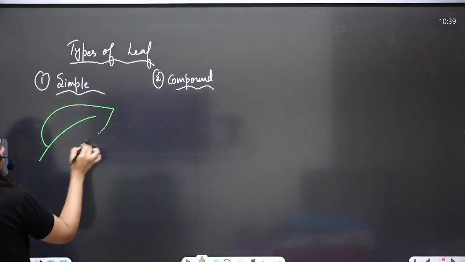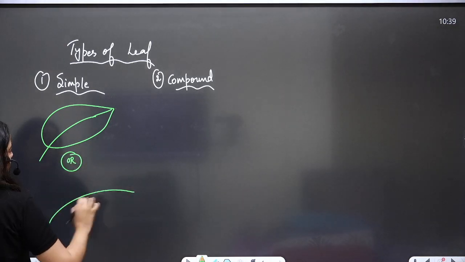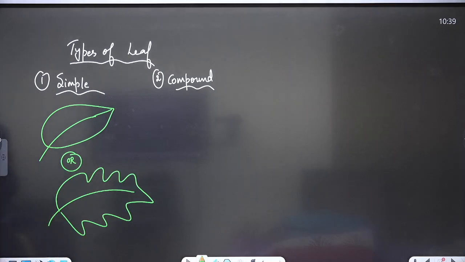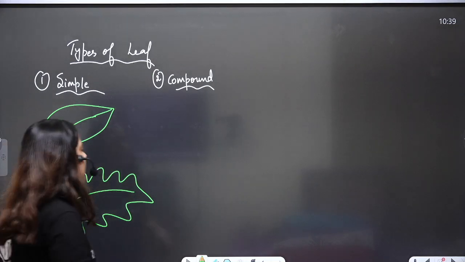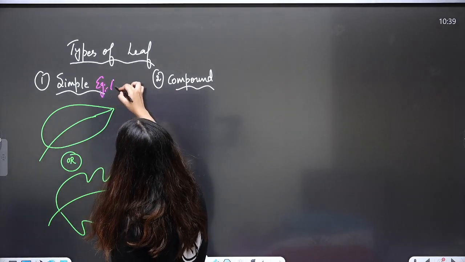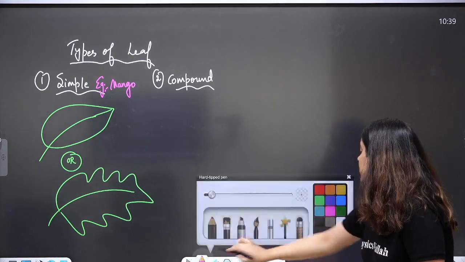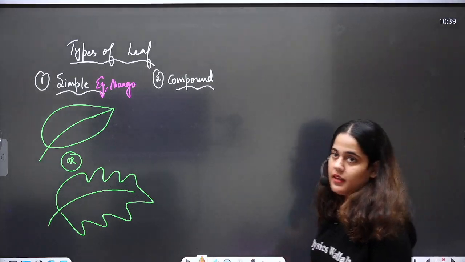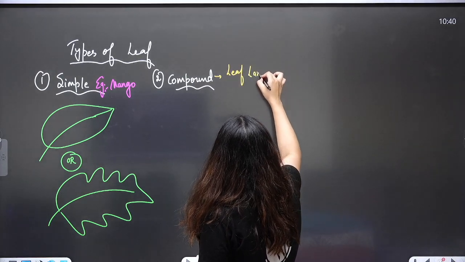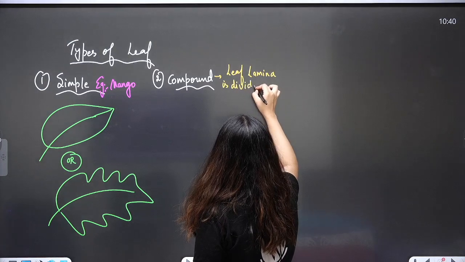Either the leaf lamina is entire or the leaf lamina is like this. These types of leaf are known as simple leaf. Example, mango. The mango tree has simple leaf. Whereas in compound leaf, beta, what happens is the leaf lamina is divided into small leaflets.